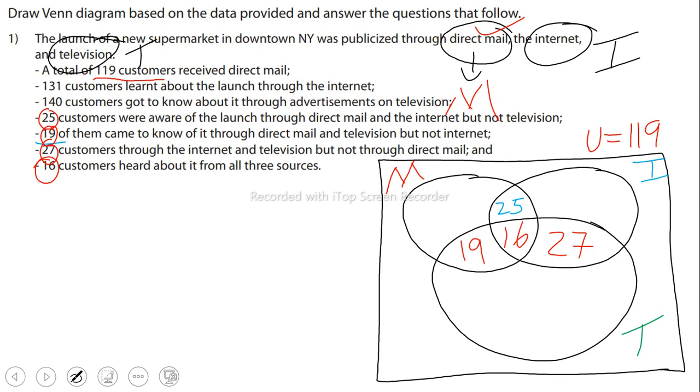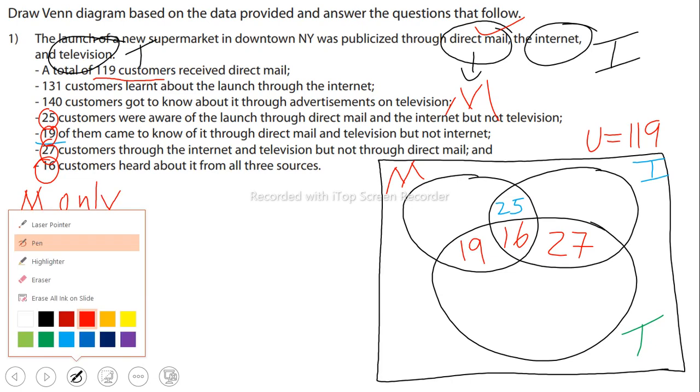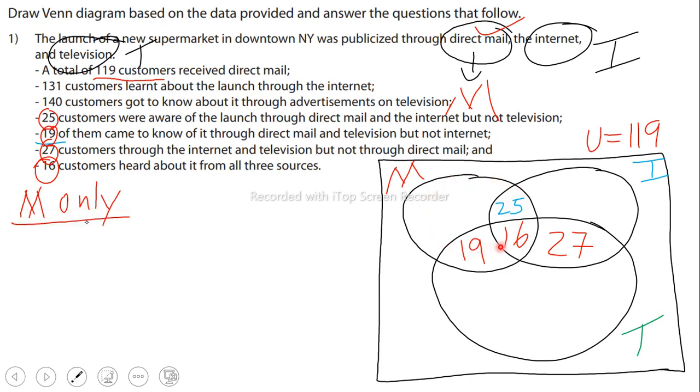Now we want M only. I only want M. So how much in all is in M? If we add everything in M, how much is supposed to be in M? Who got it through direct mail?